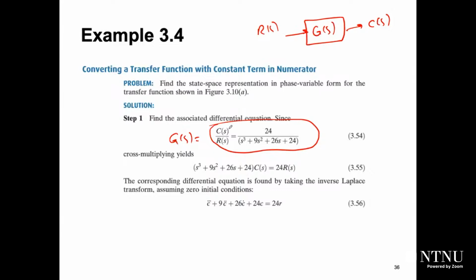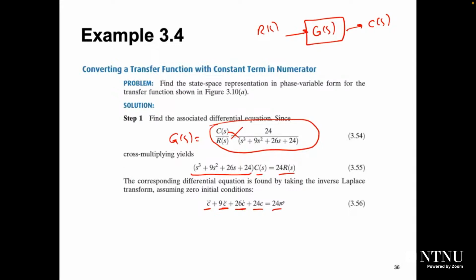So just cross multiply, so it will be C of S multiplied by that part equals 24 multiplied by R of S. Take inverse Laplace transform. So S cubed multiplied by C of S would be C triple dot, plus 9 S squared C of S would be 9C double dot, plus 26S C of S would be 26C dot, plus 24C equals 24R.